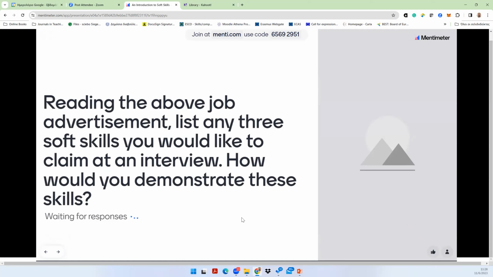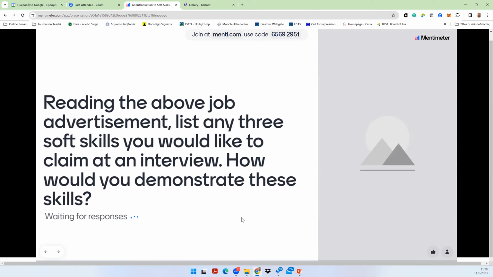So reading the above job advertisement, list any 3 soft skills you would like to claim at an interview. Thinking of yourself as the person they are looking for, think what kind of soft skills you can offer. And also add the second statement: how will you demonstrate these skills?